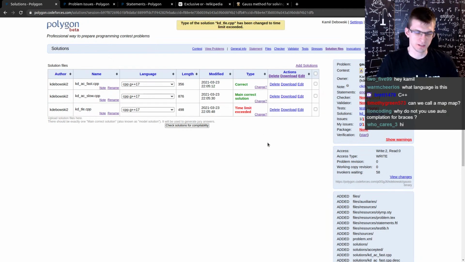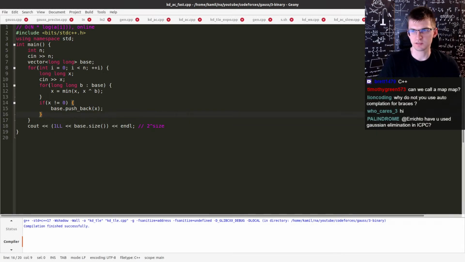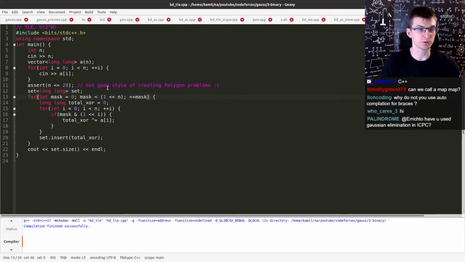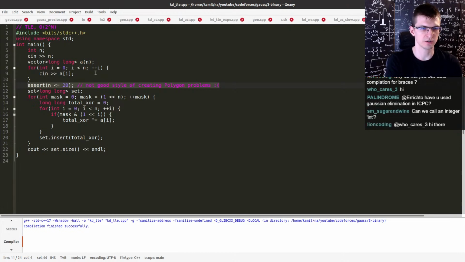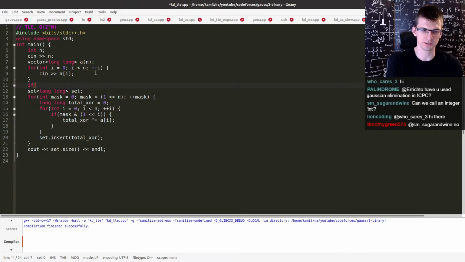Okay, then let's do proper style. Otherwise you might miss the fact that something is wrong. There is a small test and it was wrong if I just mark it as incorrect. Otherwise Polygon tries to check that it's exactly this verdict. If I mark a solution as time limit exceeded, it must be accepted or TLE on every test.